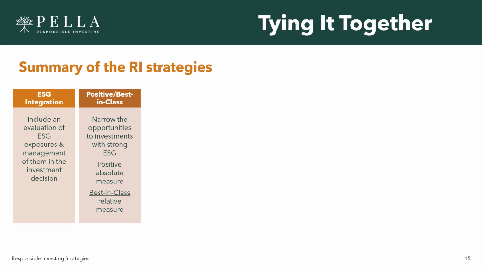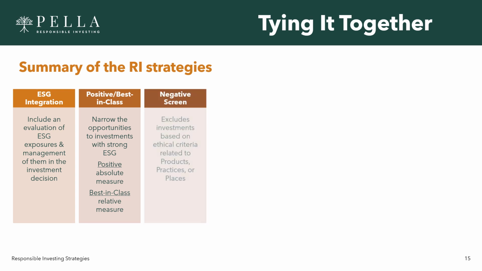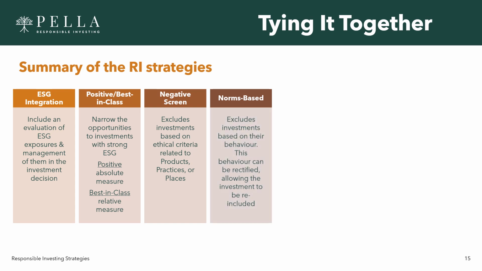Positive ESG integration seeks investments with absolutely strong ESG characteristics, while best-in-class seeks investments with ESG characteristics that are superior to their direct peers. Negative screening excludes investments based on ethical criteria related to products, practices, or places. Norms-based screening excludes investments that have behaved very badly. If those behaviors are rectified, the investment can be re-included in the investment universe.